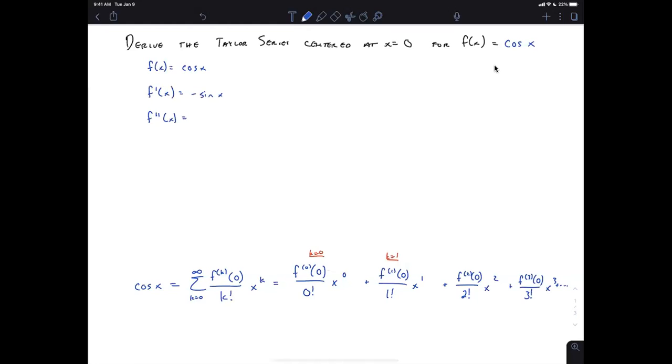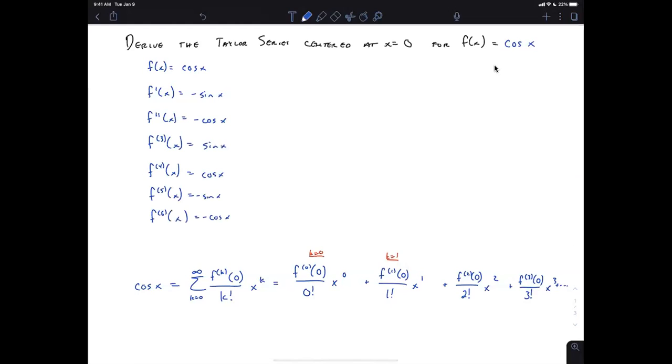The second derivative is negative cosine. The third derivative is positive sine. The fourth derivative is cosine. The fifth derivative is negative sine. The sixth derivative is negative cosine.